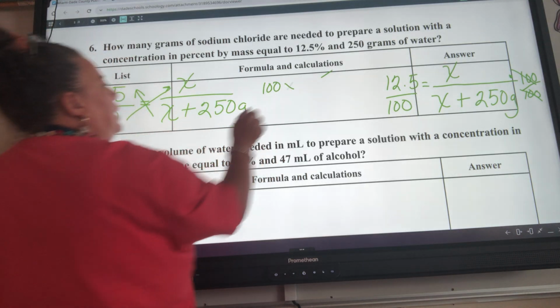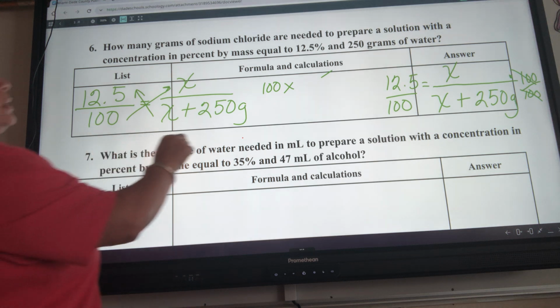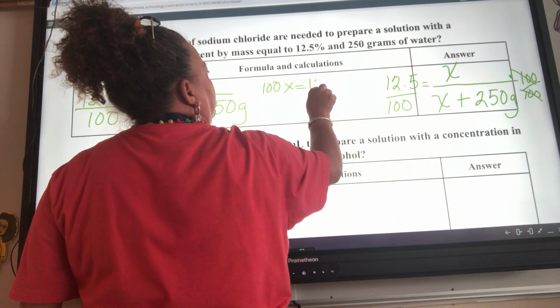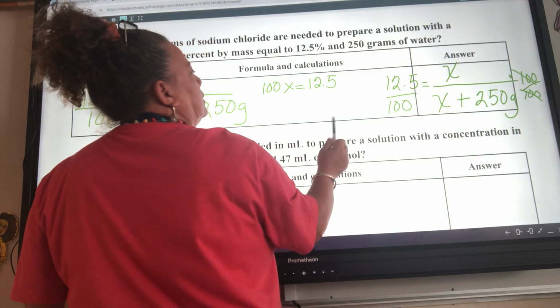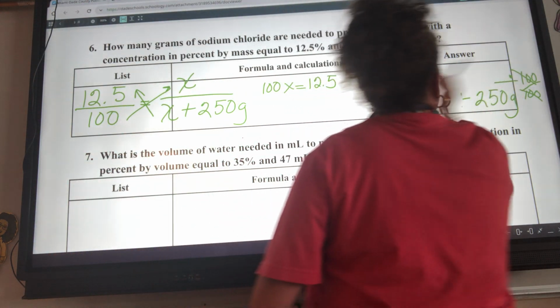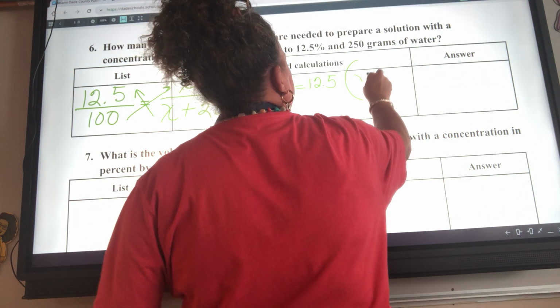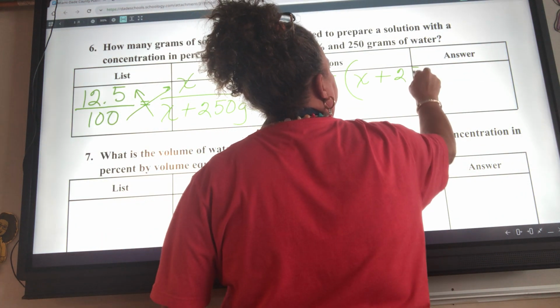100x. See what I did? Cross multiplication is going to be equal to 12.5 that multiplies x plus 250 grams.